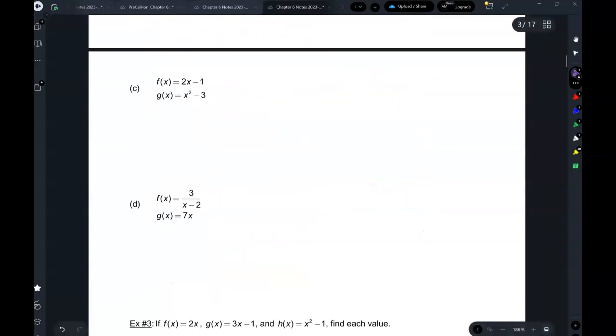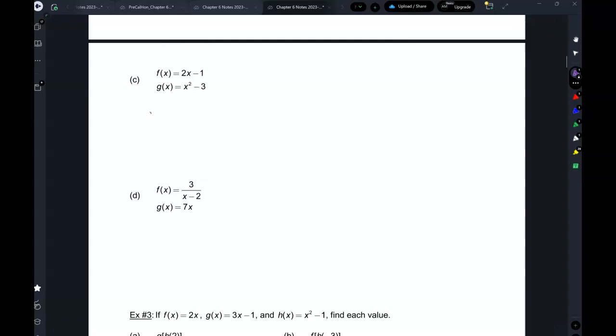Okay, so two more. f of g of x. Okay, so we're going to do f of g of x. So I write f of x down. So x is going to be replaced with g of x. So this is 2 times, what's x going to turn into? X squared minus 3, minus 1. Okay, so only the x gets replaced, right?